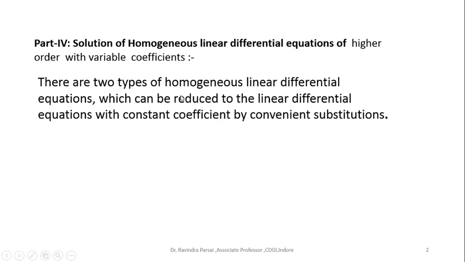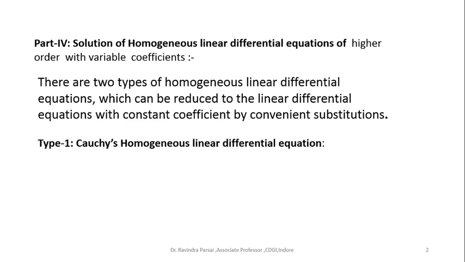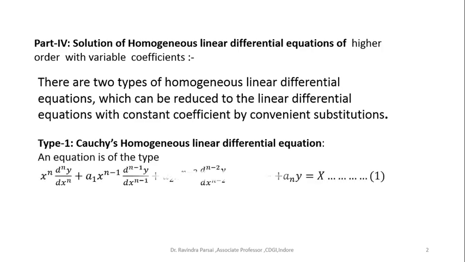There are two types of homogeneous linear equations which can be reduced to linear equations with constant coefficient by convenient substitutions. The first type is Cauchy homogeneous linear equations. What is the general type we will discuss here?